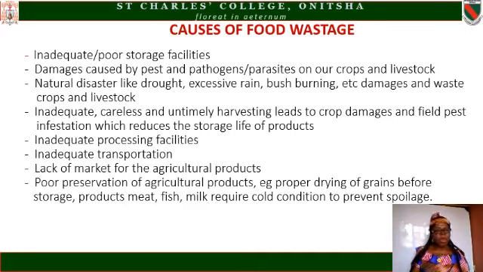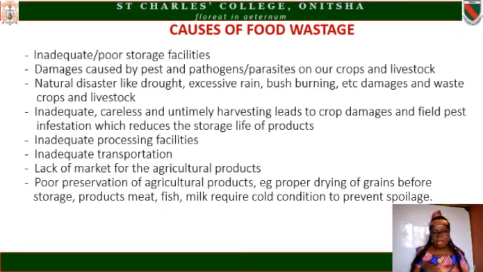In fact, they cause lots of damage. Sometimes in the storeroom, you'll find bags and bags of rice and beans being infested by weevils. And all of them are food wastage, because nobody will like to go to the market to buy the infested crops. Nobody will buy them, and that is a big waste to the farmers.